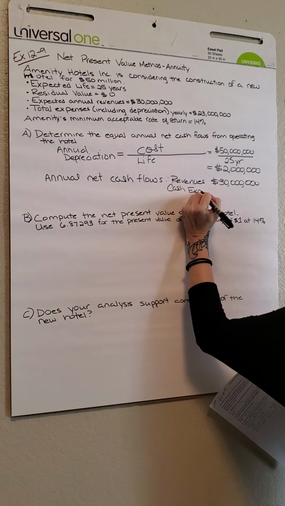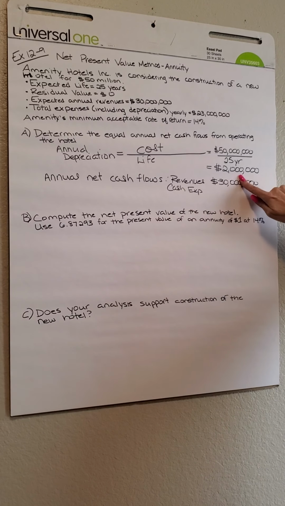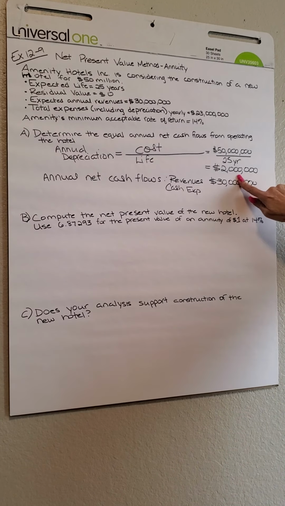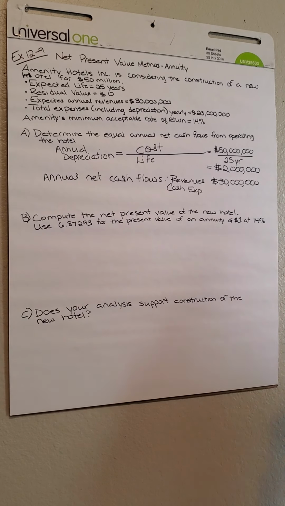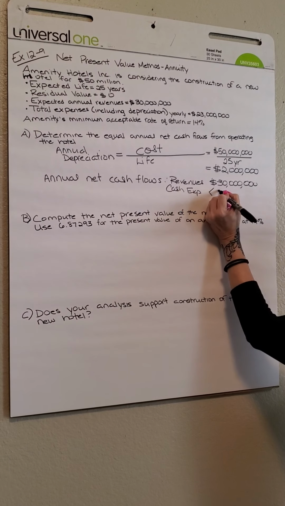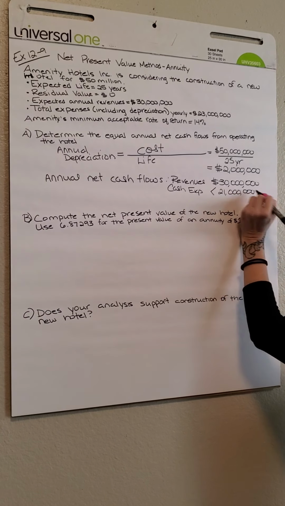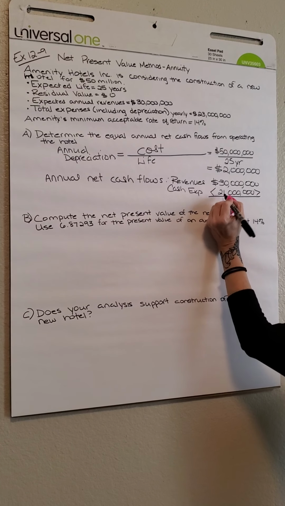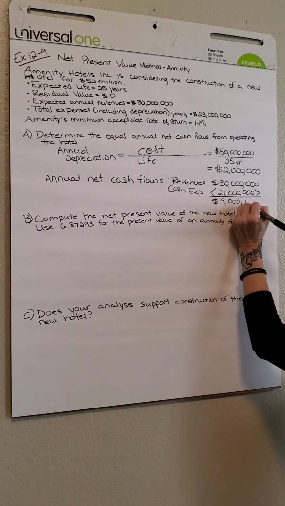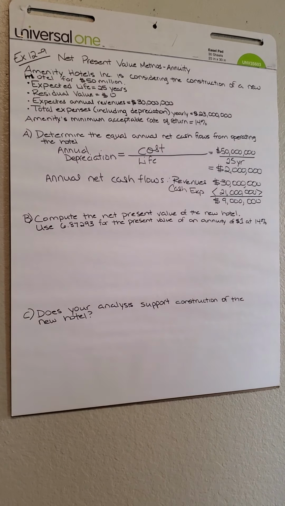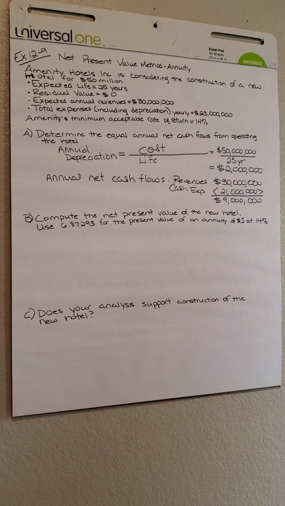Our cash expenses are going to be the $23 million total expenses less the $2 million for depreciation expense each year. So we're going to have total cash expenses of $21 million, and annual net cash flows of $9 million. So this is our annuity that we're going to use when we use the table.